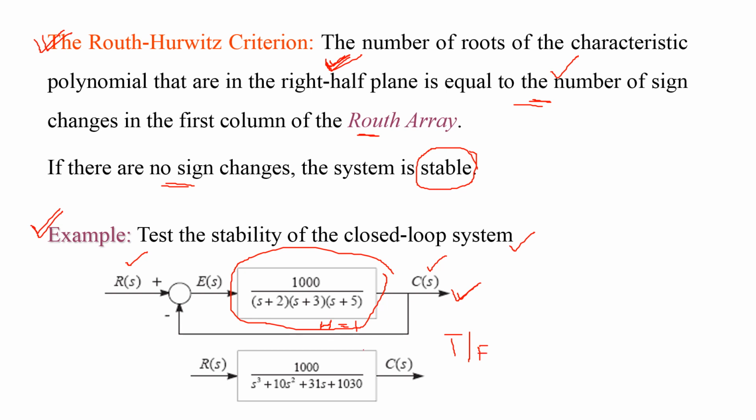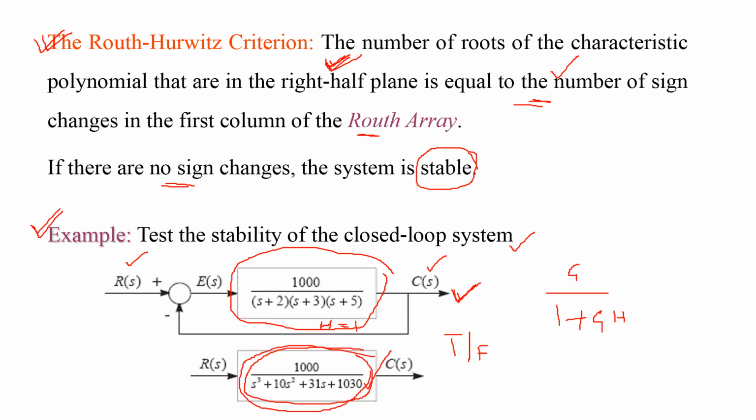The transfer function is this one. By simplifying it using G(s) by 1 plus G(s) H(s), we get the transfer function. This is our transfer function.